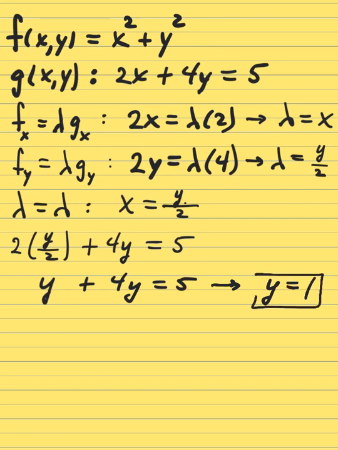Okay, let me put a box around that. Change to blue like we did in the first example. If y is equal to 1, then x is equal to a half.